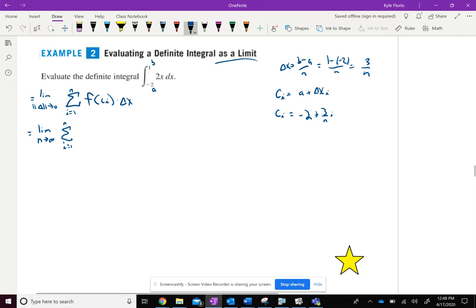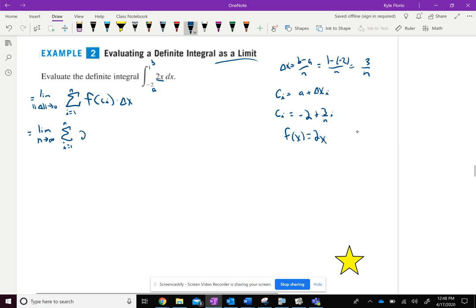Now, f of ci, let's see here. My function f of x is just 2x in this case. That's what f of x is. So my function just takes its input, x, and doubles it, multiplies it by 2.